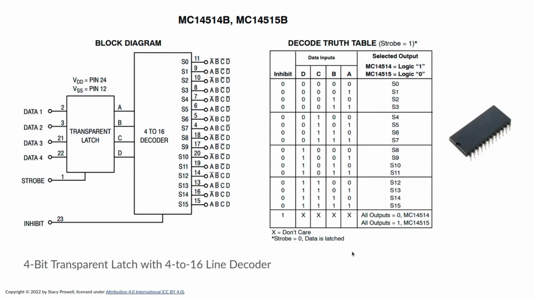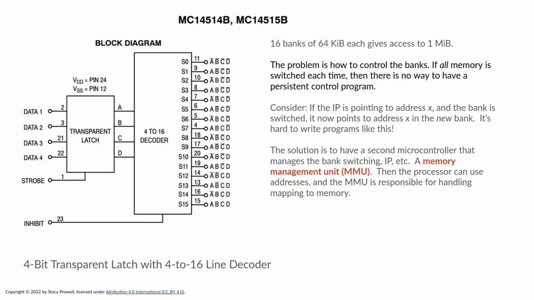And this is part of the data sheet for this particular IC. So 16 banks of 64K each gives up to a megabyte. And in fact, there were machines built with 16 address lines that addressed a megabyte of memory. I actually worked on some of those. Some of those were telephone switches.